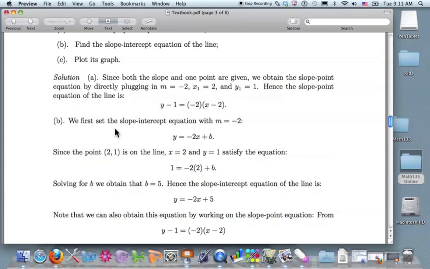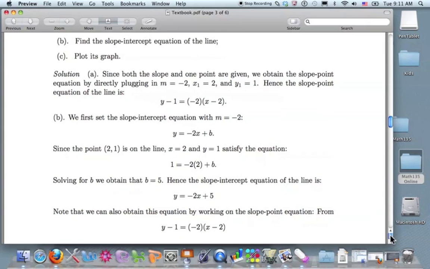For the slope-intercept equation, we plug in the slope and then plug in this point. Notice 2 is the x value, 1 is the y value, and then solve for b. In this case, we have b equals 5.